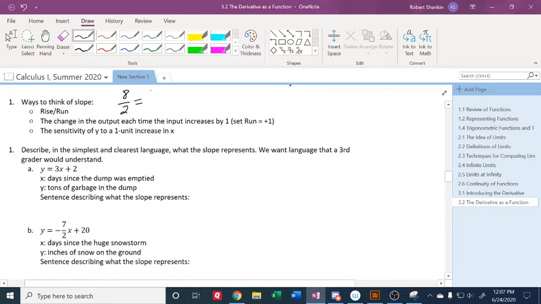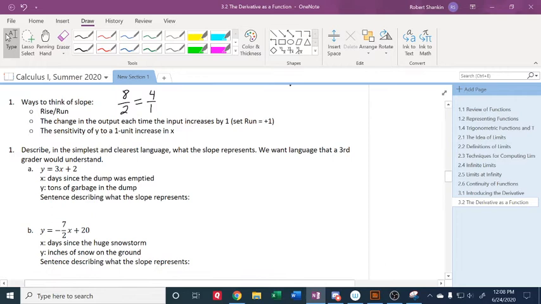Well, reduce that to 4 over 1, and you see it rises 4 every time it moves to the right 1, or the output increases by 4 every time the input increases by 1. Now, when we set the input to increase by 1, our mind interprets it more naturally, and it makes more sense. And we'll see that with some examples coming up.